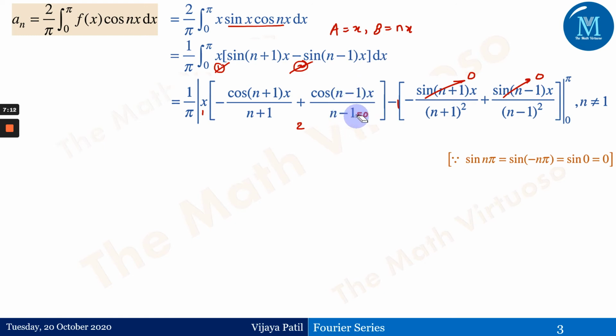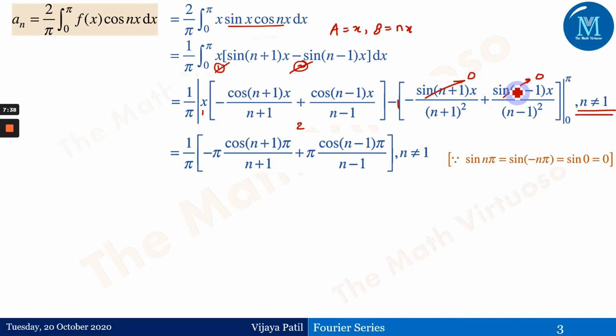That is the reason we are not considering the value of this particular function at n equals to 1. This condition plays a very important role whenever I'm getting some constant in the numerator and such a denominator. So whatever a n we are solving right now, it is not applicable for n equals to 1.